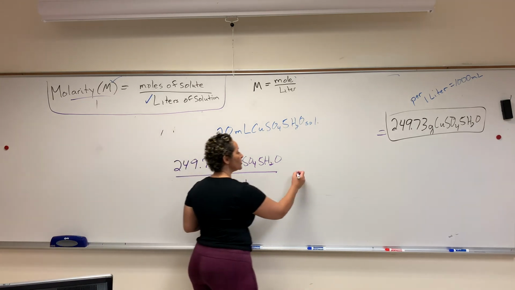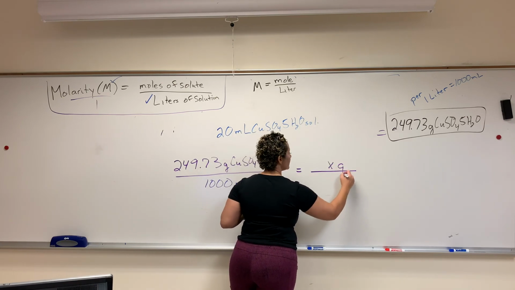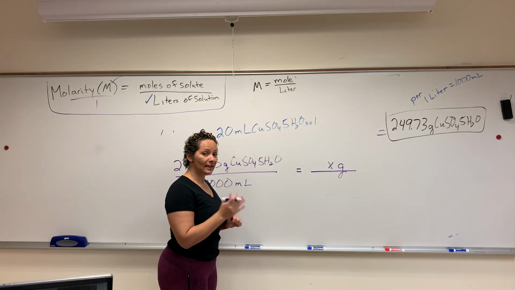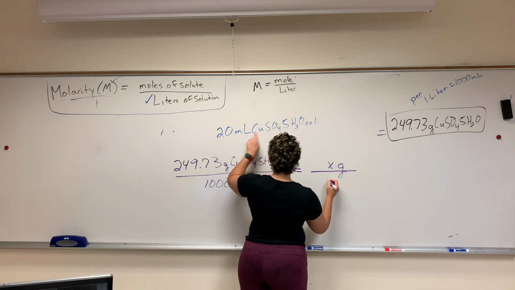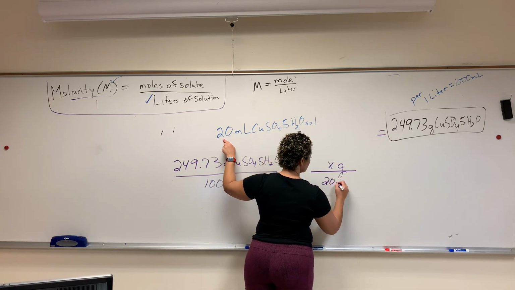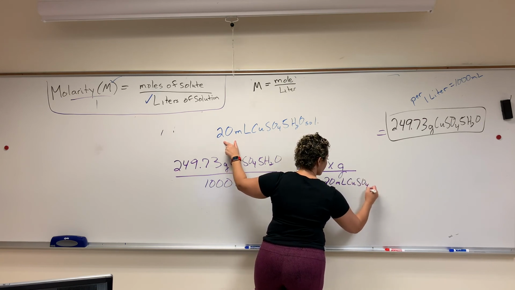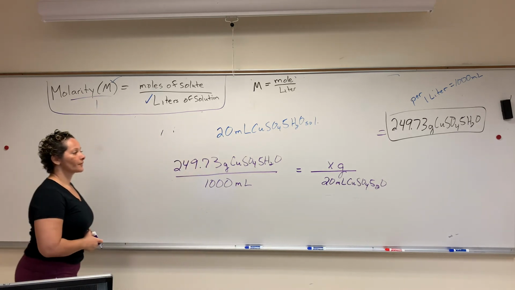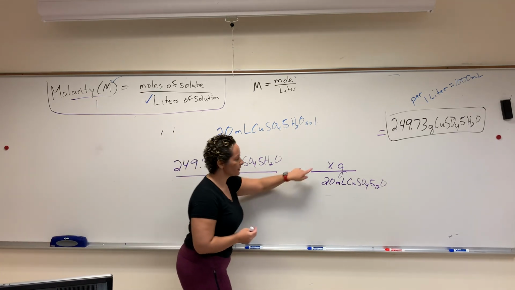And that is going to equal X amount of grams, because we don't know how many grams are going to be put in the solution. X amount of grams per 20 milliliters. Boom. Alrighty. You have 3 of the 4 variables you need to solve for X.